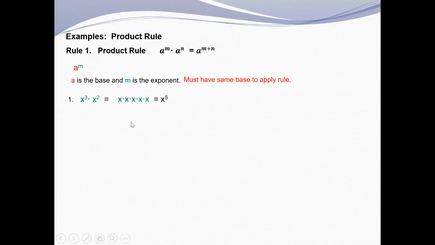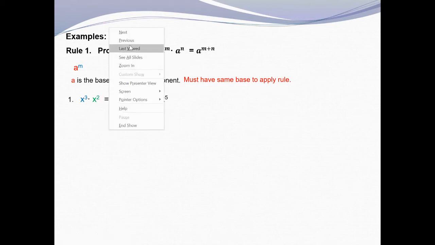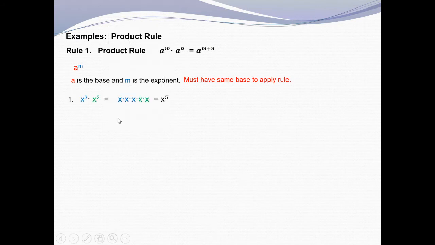Okay. Example 1. If you have x cubed times x squared, this is the long way, so you can understand what's taking place. The x cubed is in blue, because x cubed is the same thing as x times x times x. And then x squared is in green, so times x squared, the green is x times x.